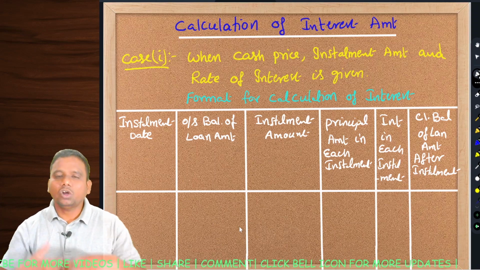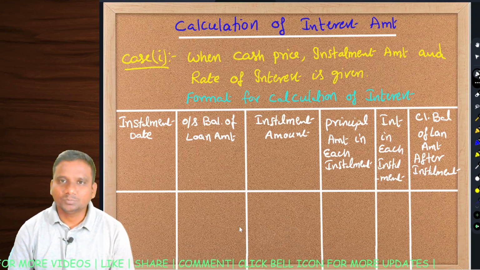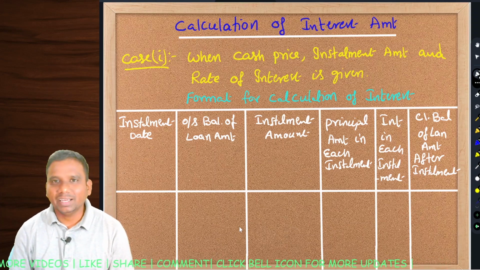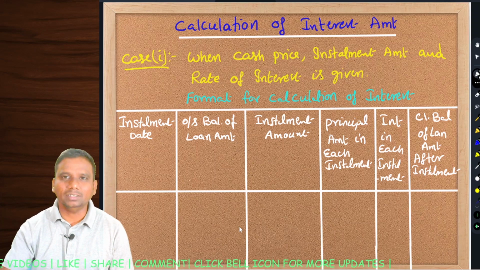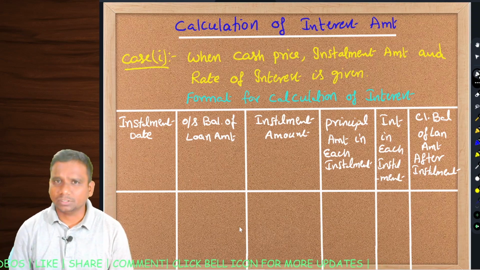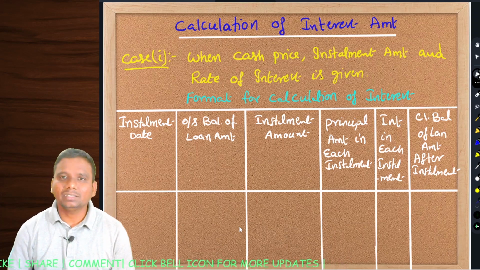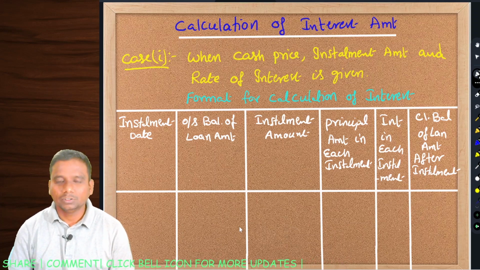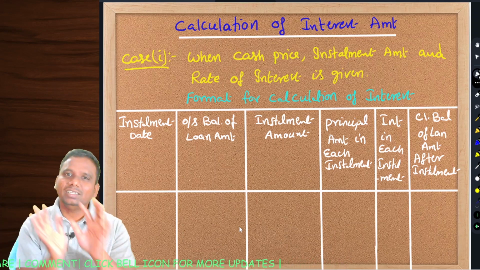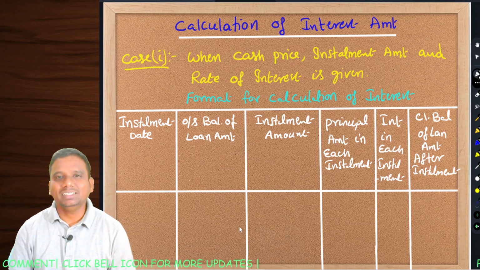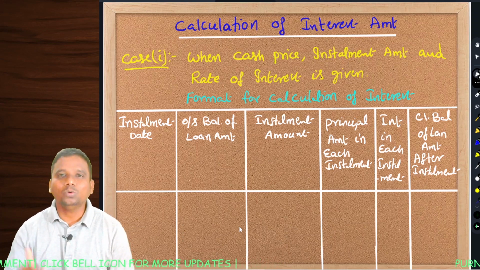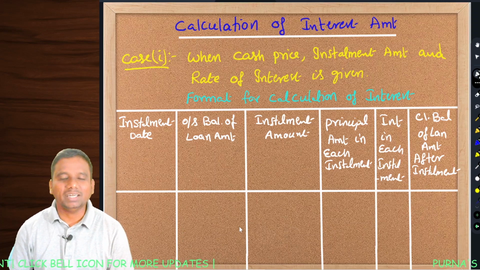Suppose they are not giving this information. This is direct information. But in the examination problems, don't expect direct information. They always give you indirect information. So when you get indirect information, how do you calculate these things? That is the question.